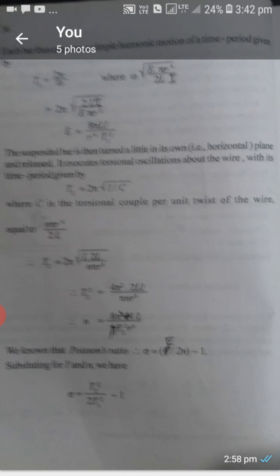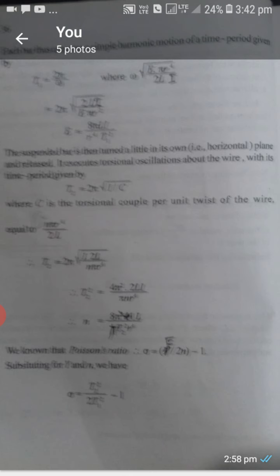Then you substitute, therefore T2 is equal to 2 pi into root of I divided by pi n r power 4 divided by 2L. Then you square, T2 square equal to 4 pi square 2LI by pi n r power 4, that is equal to 8 pi square I L divided by pi n r power 4.